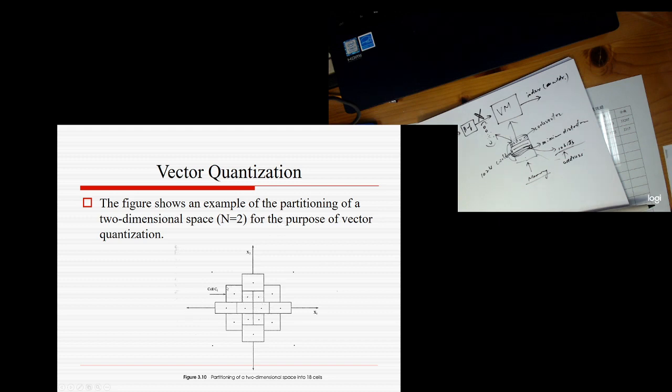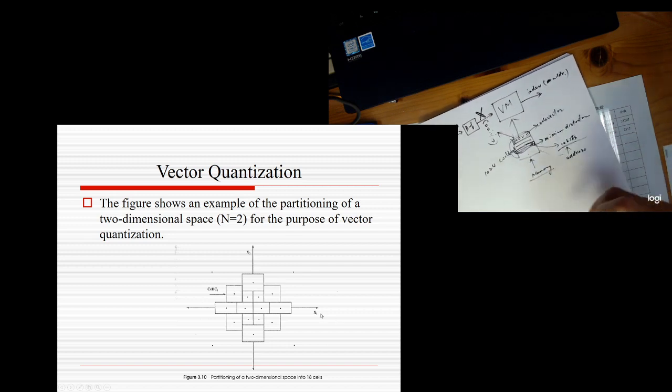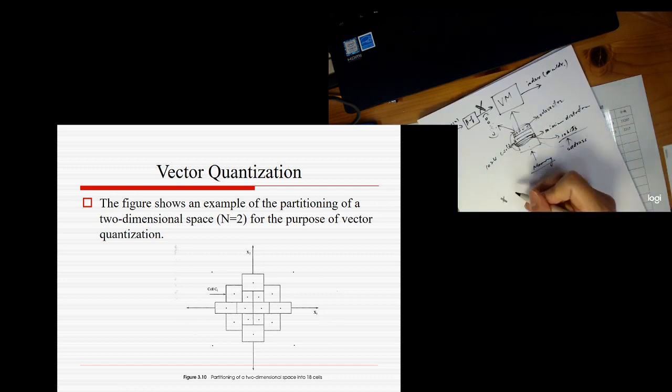For each partition of the space, we take the centroid, and this dot point is our code vector.